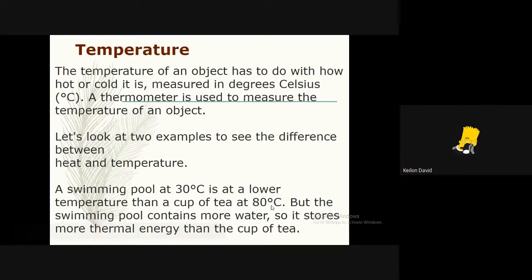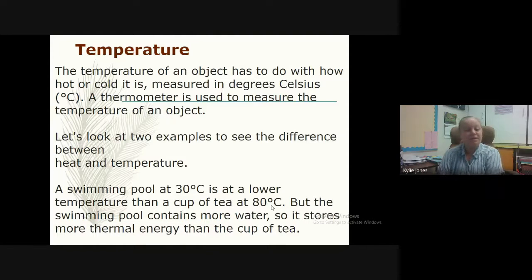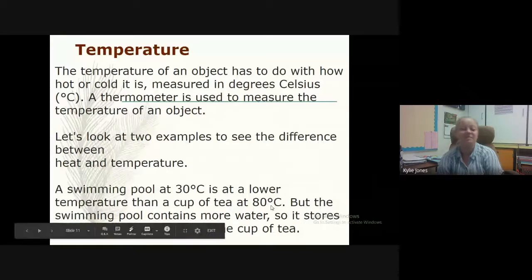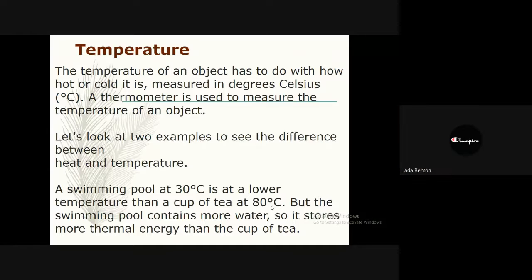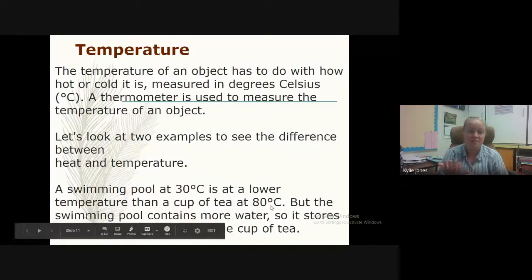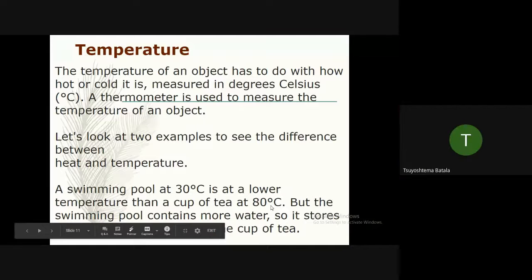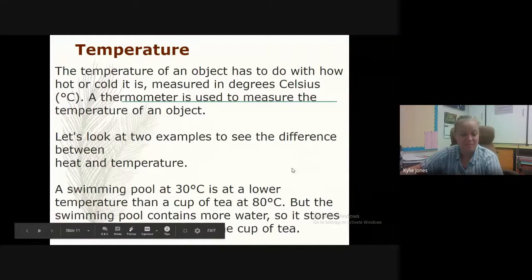Then it says, but the swimming pool contains more water, so it's actually storing more thermal energy than the cup of tea, just because it has more water. Doesn't matter the temperature of the water, it just has more, so it has more energy in it. Okay, that's the difference there. The temperature can be super, super hot, but if there's more water somewhere or more tea, it's going to have more energy. All right?